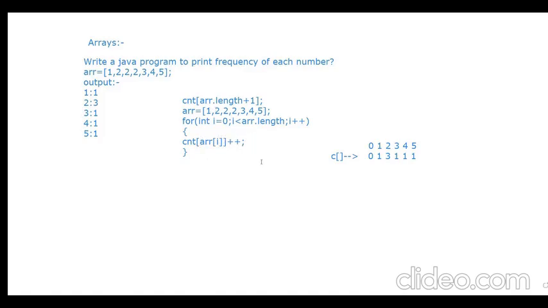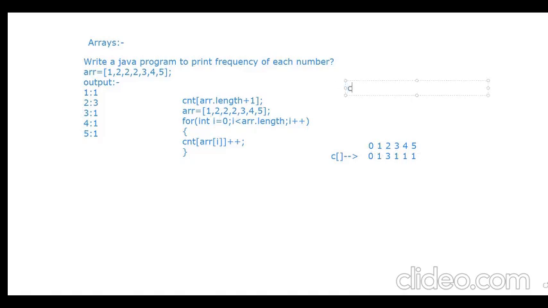If we take 2, count of 2 plus plus, then we will be getting the frequency of 2. Here the frequency of 2 is 3, so we got 3 as output. So this is the logic.